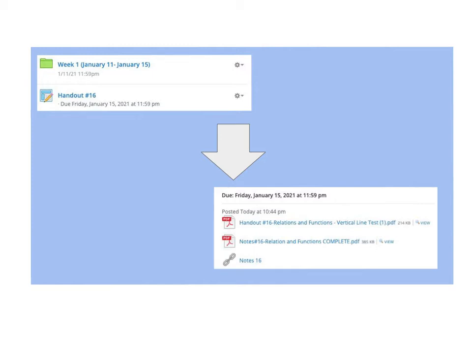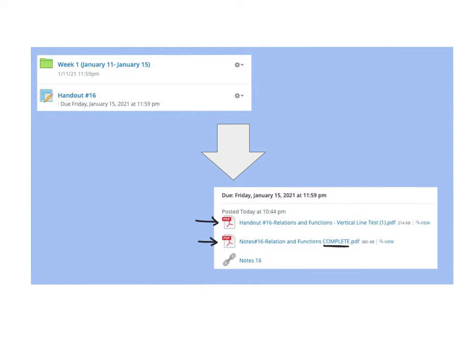In that handout, you are going to see different files. For example, the first one is handout 16, as an example. Then you're going to see notes. If it says notes and has complete at the end, it's basically the notes that I'm doing during this video, but uploaded as a PDF, so it has no audio.